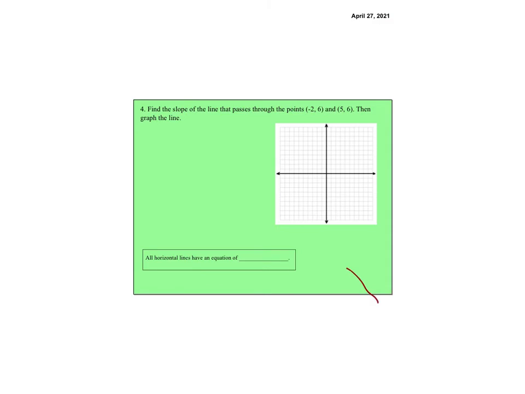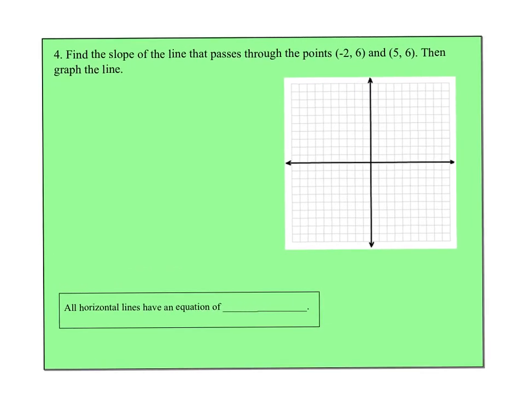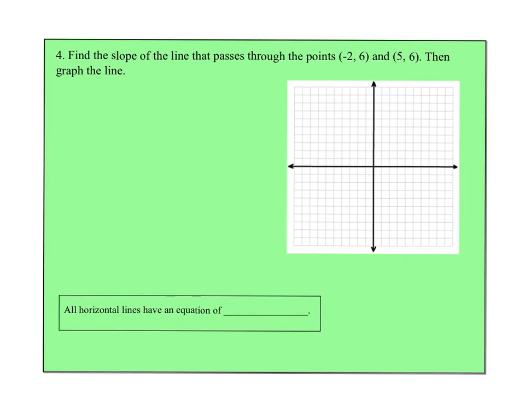Now as I look at this, for here, let's look. If I just try to find the slope, y minus y over x minus x, you go 6 minus 6 over 5 minus negative 2. So you get 0 over 7.